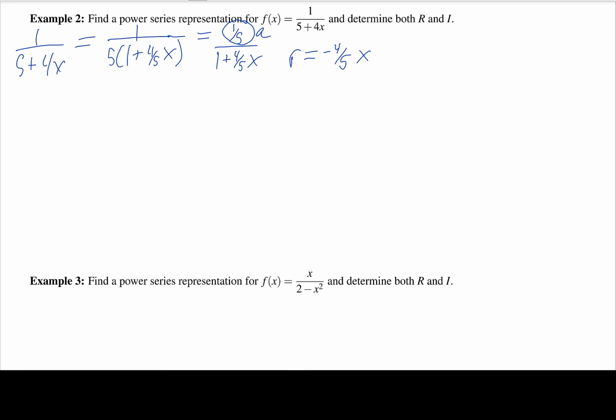So then our power series representation, we can say that f of x is going to be equal to the sum from n equals 0 to infinity of a times r to the n, so this will be 1/5 times negative 4/5 x to the n.